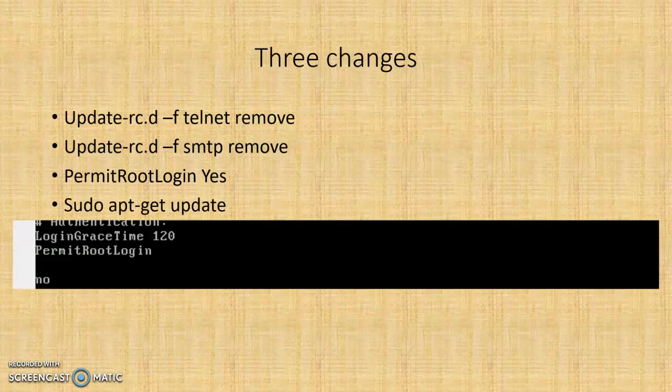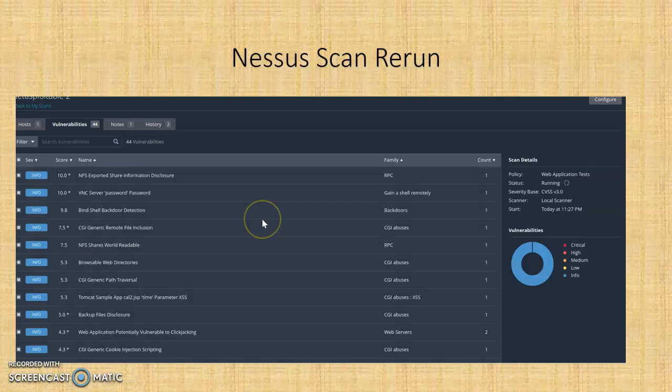The three changes I made: update rc.d and remove telnet, so I disabled these two services, telnet and SMTP. I changed the PermitRootLogin to no so that it doesn't allow root access, and I upgraded the applications.